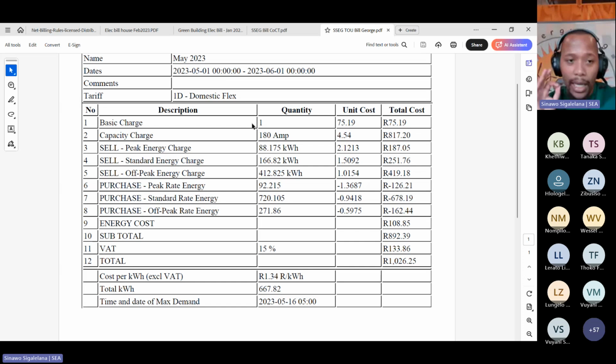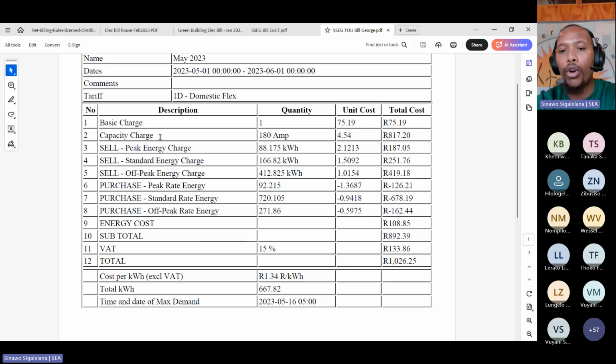But colleagues, all this is saying is that if you collect the basic charges from all of your customers, you then cover your entire, for example, operational costs, your salaries, your repairs and maintenance, all those costs that are most likely to be the same over a financial year, right? So that is where that is coming from. And capacity charge is just for your infrastructure investments.